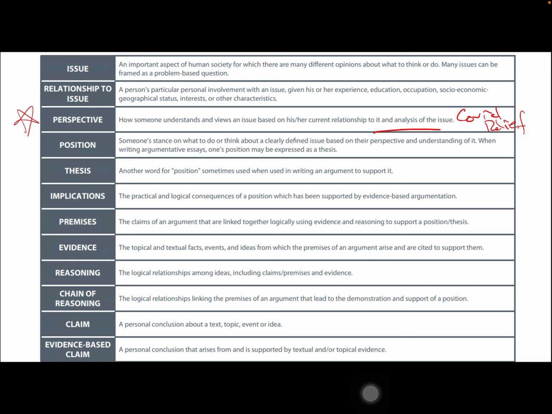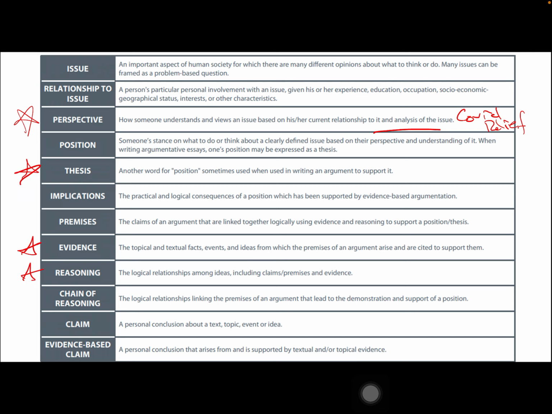If you're at home and you're struggling, you may really be arguing for COVID relief because your perspective is different than somebody who maybe makes a little bit more money and doesn't have to have that money. Maybe your perspective is different than theirs, and so your argument is going to be a little bit different based on your perspective.